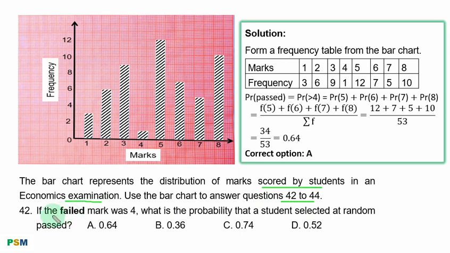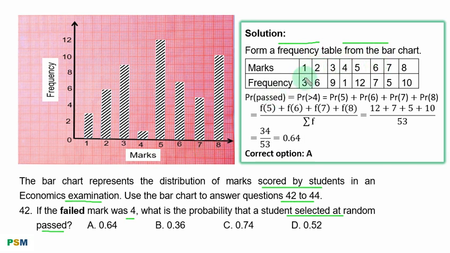If the failed mark was 4, what is the probability that a student selected at random passed? Solution. From the bar chart, we need to form a frequency table. All right, so we have marks 1, 2, 3, 4, 5, 6, 7, 8 in this form.